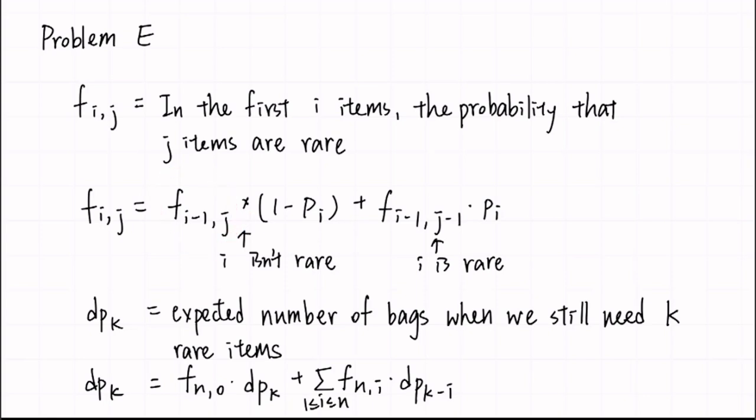So we multiply it by the probability that there are j rare items in the first i minus 1 items. And afterwards, this part is if i is rare, then there is a pi probability that i is rare. And we will only need j minus 1 rare items in the first i minus 1 items.